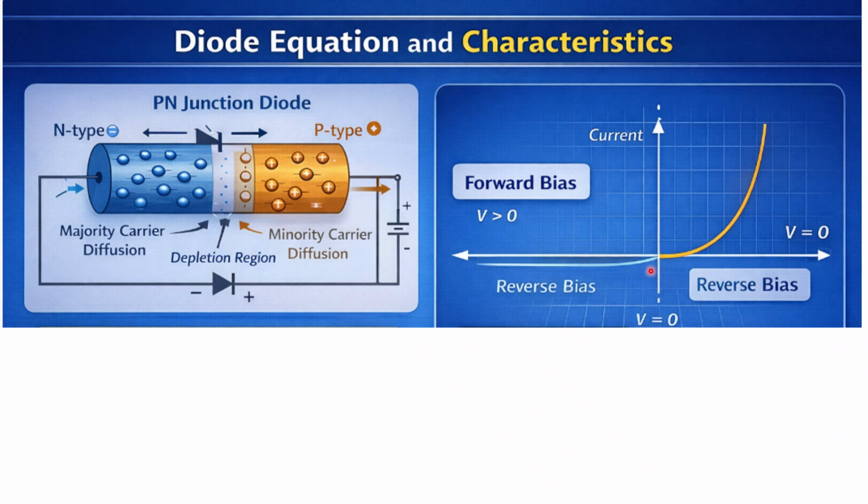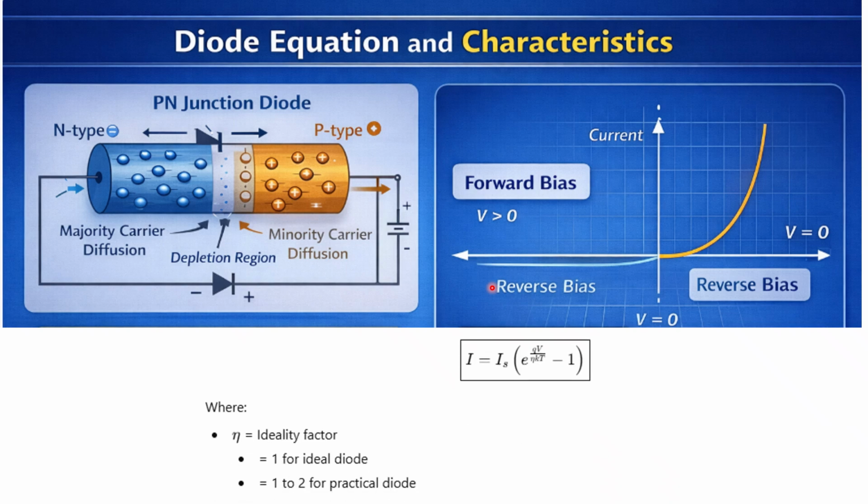And here are the characteristics. In forward bias, the amount of current will be very high if you apply a voltage greater than the V cut-in voltage, and in the reverse direction the current will be almost negligible, almost zero, right? So how will you find the amount of current?